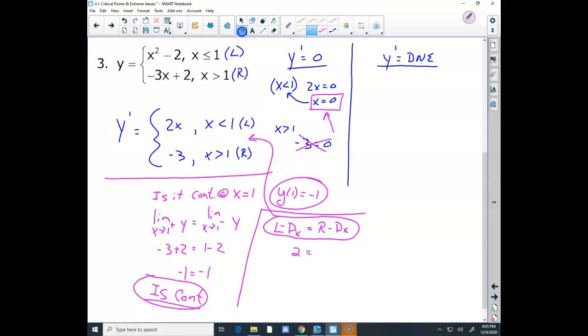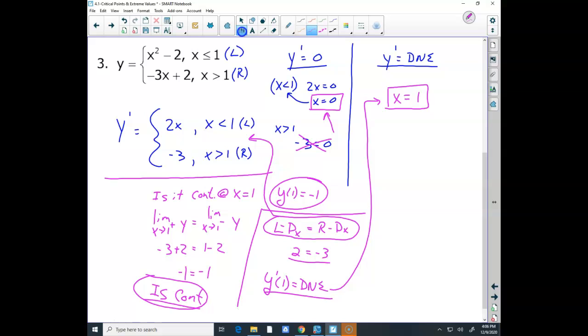On the right side, that derivative is always constant, it's negative 3. Because the left derivative does not equal the right derivative, y prime of 1 does not exist. That means x equals 1 is a critical point. So I have 2 critical values.